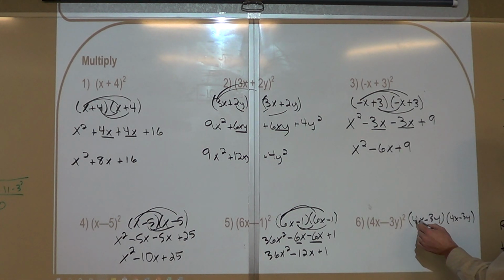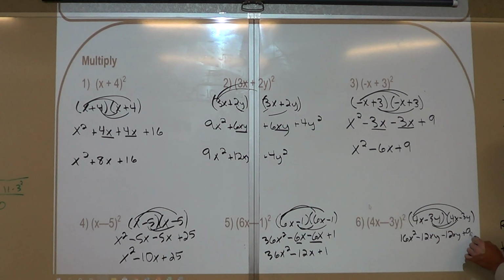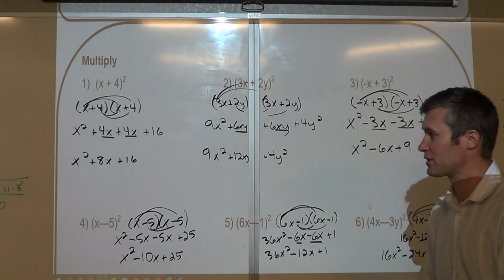So 4 times 4 is 16x squared, 4 times negative 3 is negative 12xy, negative 3 times 4 is negative 12xy, and then negative 3 times negative 3 is positive 9y squared. I get my middle term, so 16x squared, negative 12 minus 12 is negative 24xy plus 9y squared.